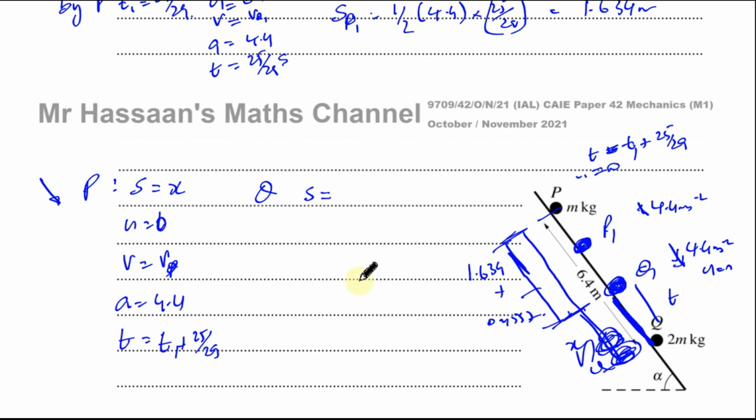So let's say the distance Q moves is X. The distance that P is going to move is that same X plus this distance here. By the time they collide, P will have moved this distance plus the distance that Q moved, so we add these two distances together.